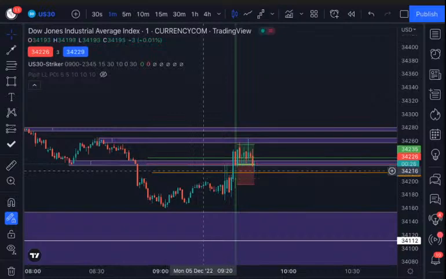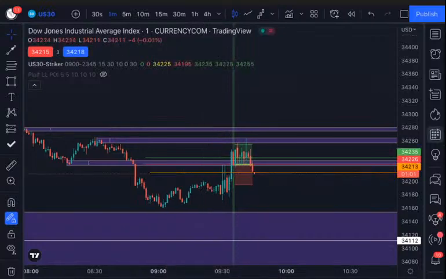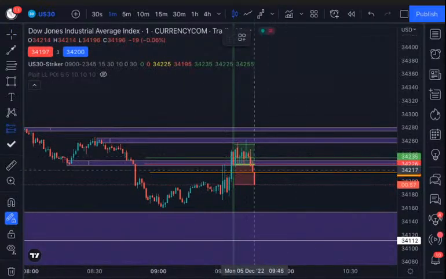Here we go. For me, it just pulled into that area. I think I'm gonna lose the trade soon. Not yet. It's pushing harder.